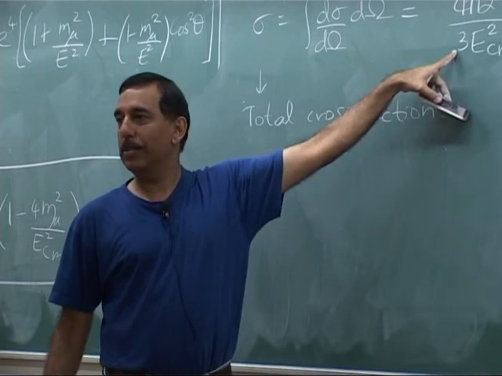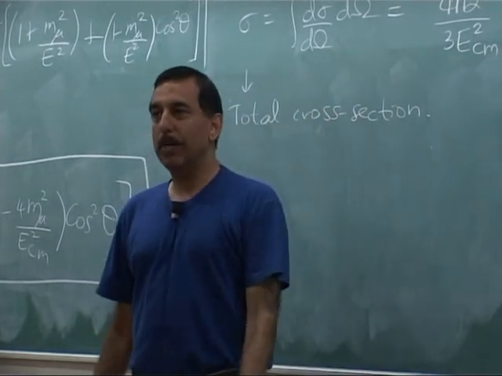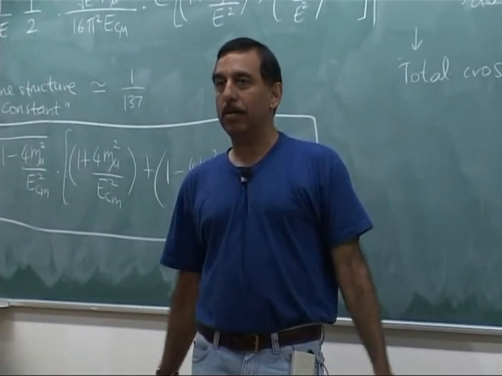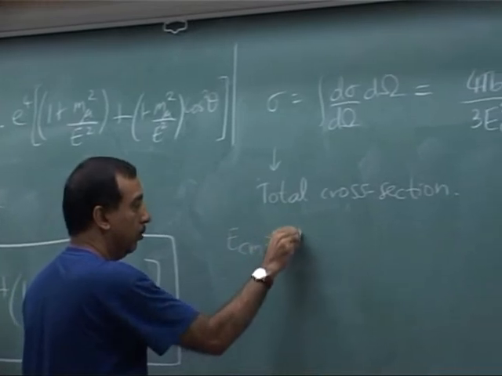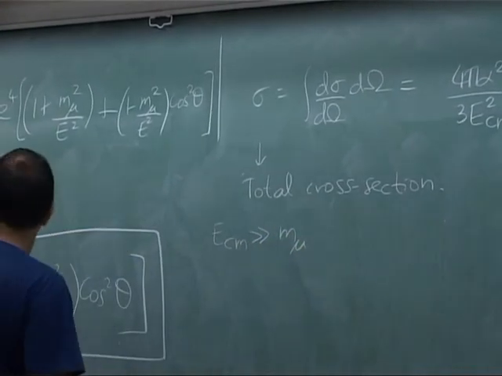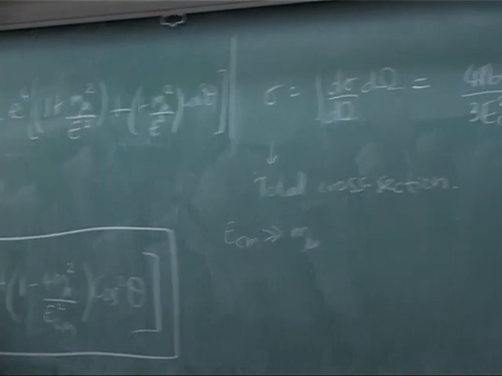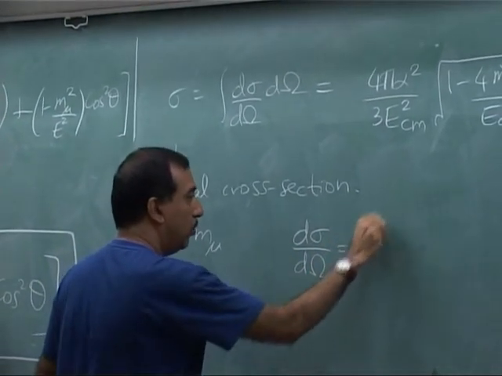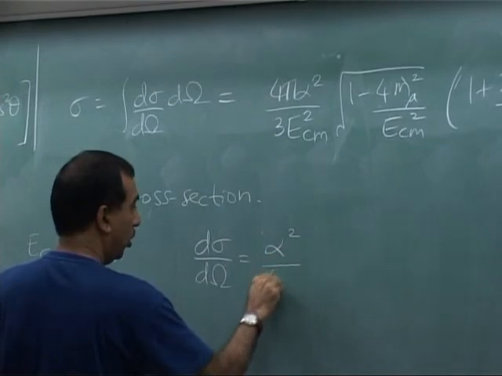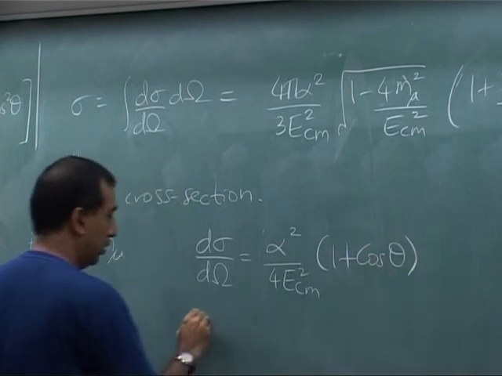4 pi by 3 required all this calculation, but of course also we have got these corrections which are by the ratio of the muon mass to the incoming center of mass energy. Now of course we can imagine ECM much greater than the muon mass, that's in our hands, in which case this quantity simplifies to just become alpha squared by 4, so then d sigma by d omega is alpha squared by 4 ECM squared 1 plus cos squared theta.